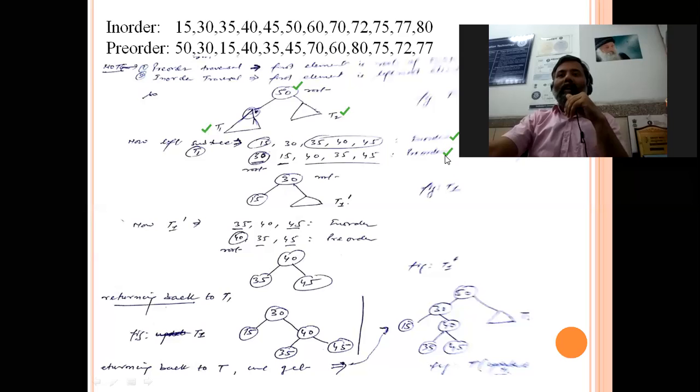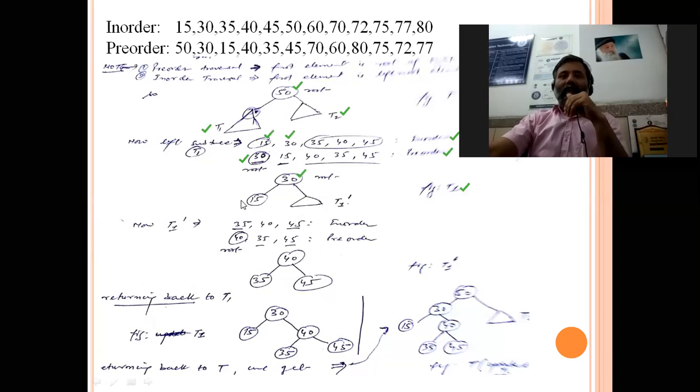Again, by applying the same observation, 30 will become the root of T1. So 30 becomes the root of T1. Now take this 30 in the in-order traversing, and before that we have just one element, so definitely it will be the left child.